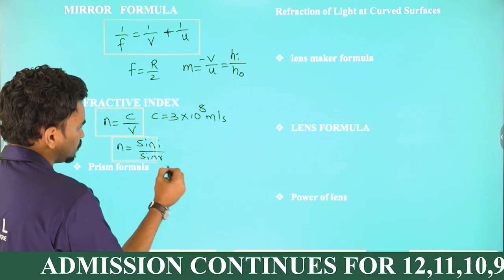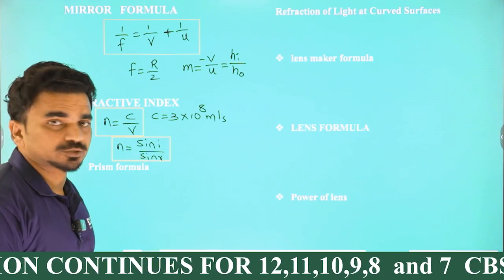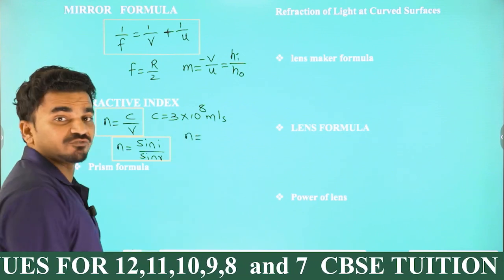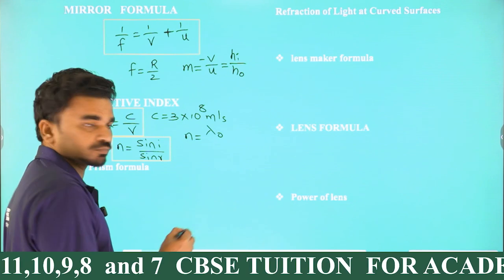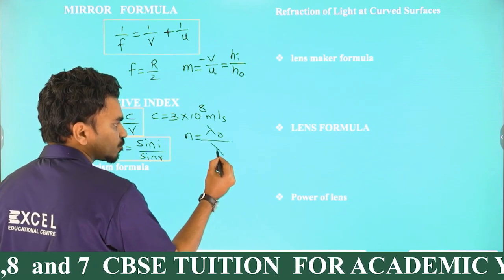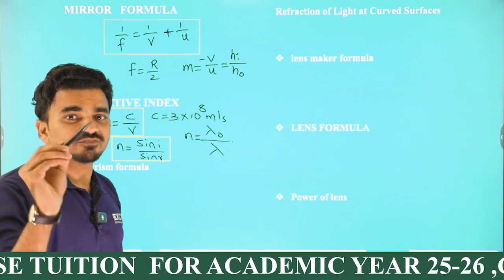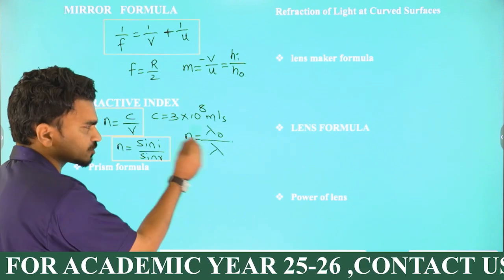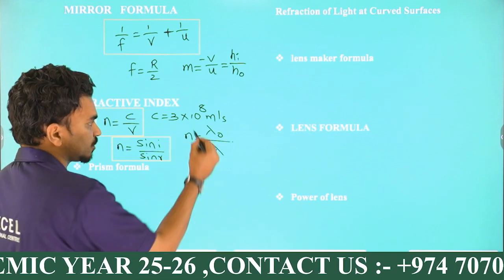Another formula related to refractive index is in terms of wavelength: n = λ0/λ, the wavelength of light in vacuum divided by the wavelength of light in the medium. This is also an area where CBSE MCQ questions come. Keep that equation in mind too.